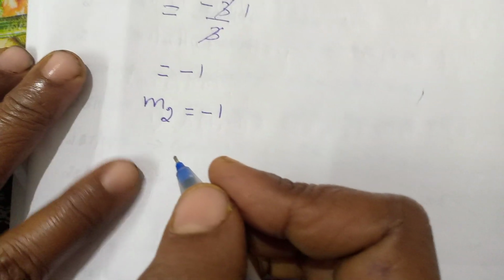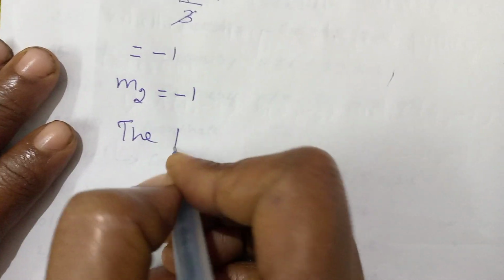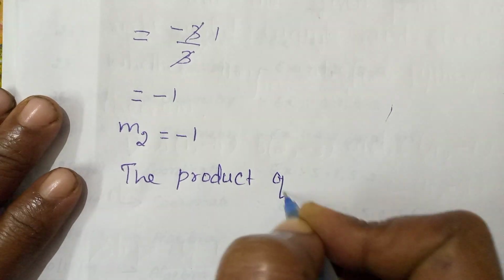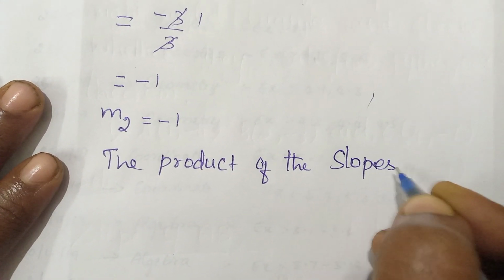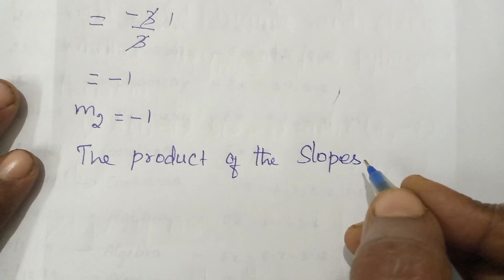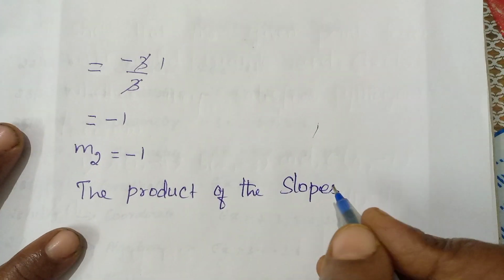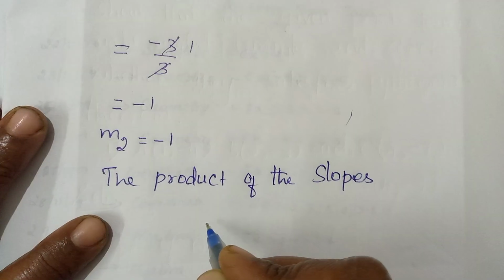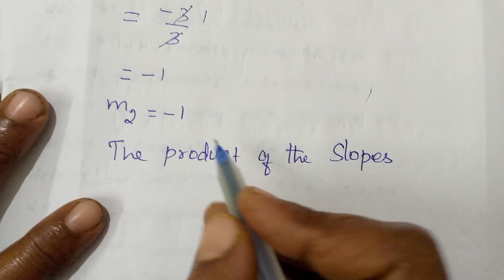Let us find the product of m1 and m2, the product of the slopes. We know that when two lines are perpendicular, m1 into m2 is equal to minus 1. What is m1? m1 is 1. What is m2? m2 is minus 1.